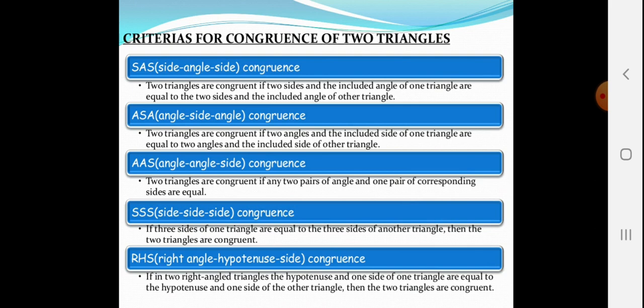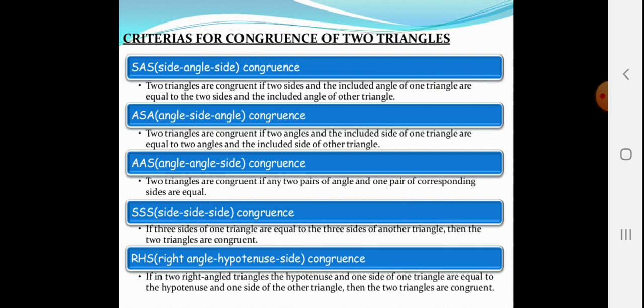AAS, angle angle side congruence. Two triangles are congruent if any two pairs of angles and one pair of corresponding sides are equal. SSS, that is side side side congruence. If three sides of one triangle are equal to three sides of another triangle, then the two triangles are said to be congruent.